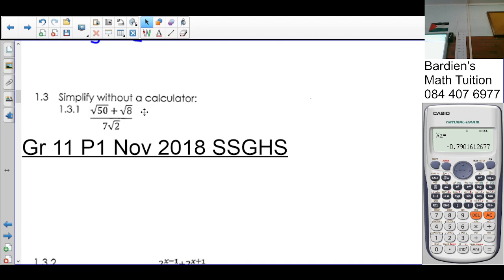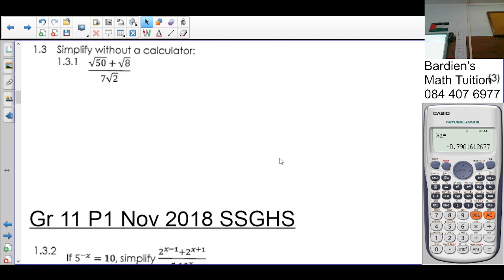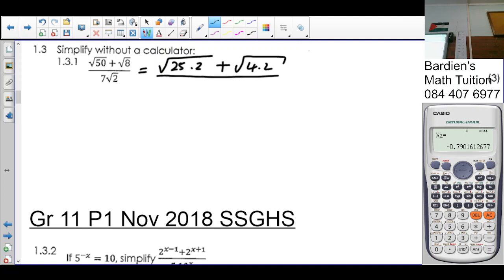Next. Now using a calculator, simplify the following. We know the biggest perfect square that goes into 50 is 25, times 2. The biggest perfect square that goes into 8 is 4, times 2. So 4 times 2 is 8, and there's going to be 7 root 2 in the denominator.